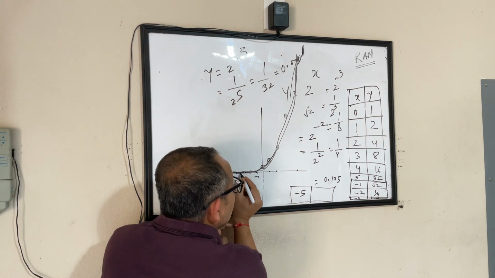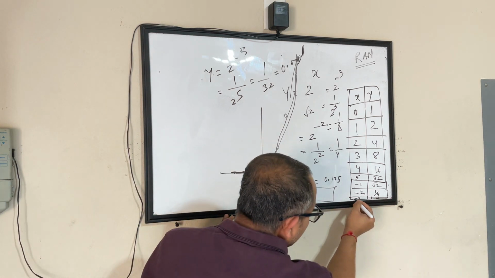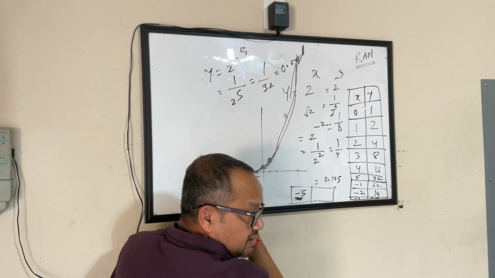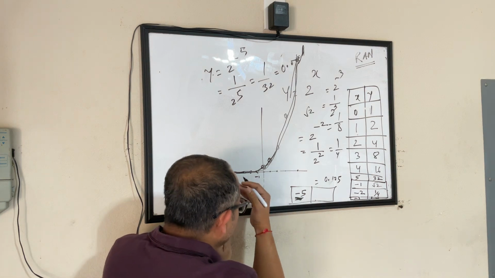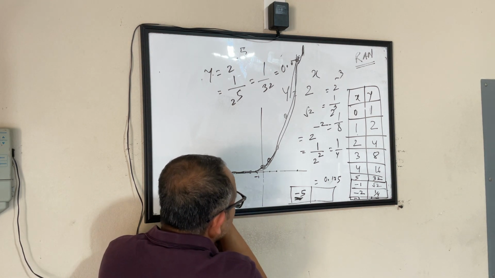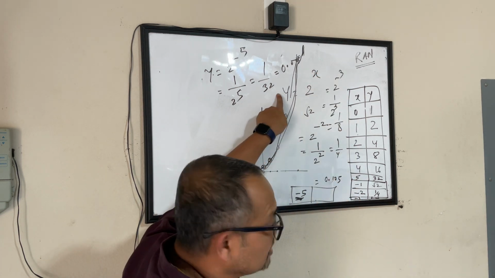On the other side, the line becomes literally horizontal. As x becomes a very big negative number, y approaches 0.